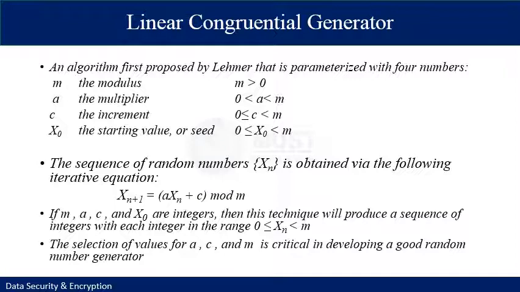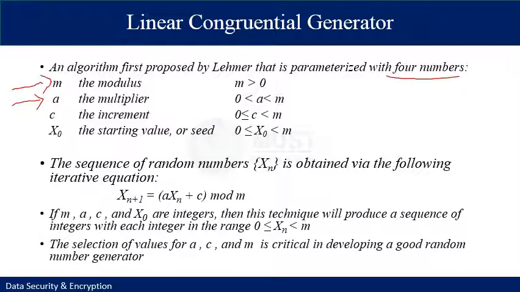The algorithm is parameterized as follows with four numbers. The first number is m, and it is the modulus. The modulus should be greater than 0. Then there is a number a, the multiplier, which is in the range from 0 to m.